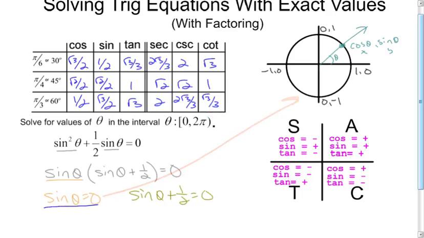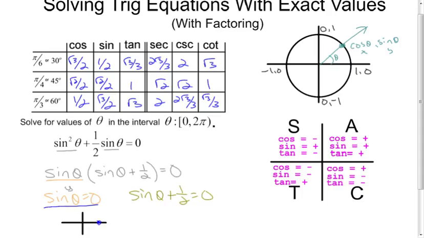And you have to, again, be fluent in realizing that sine implies the y value. So we're asking, where is y equal to 0? Okay, so that means go right or left, but don't go up.